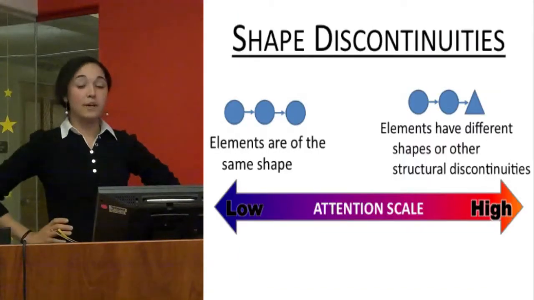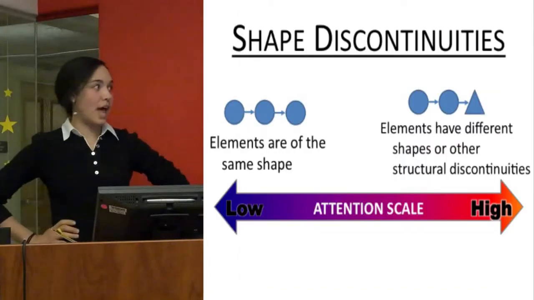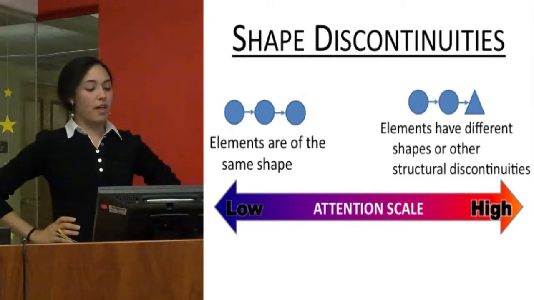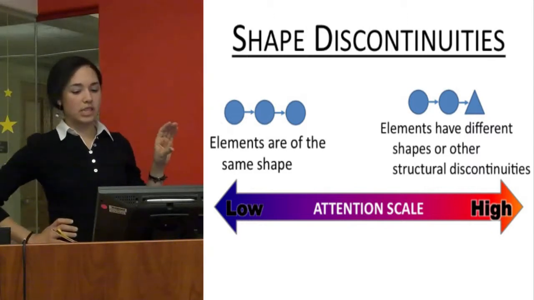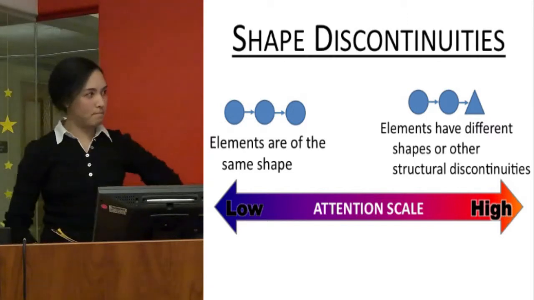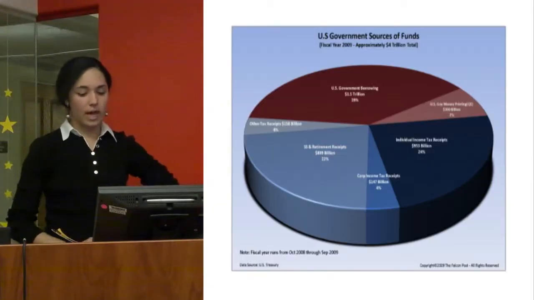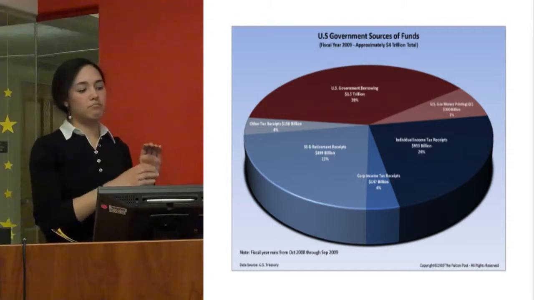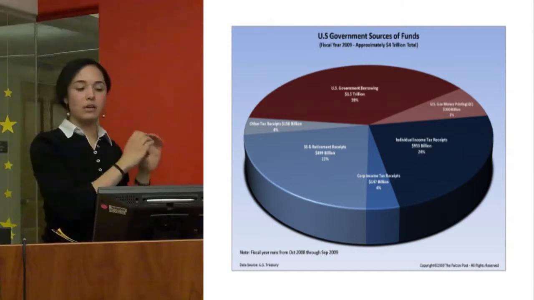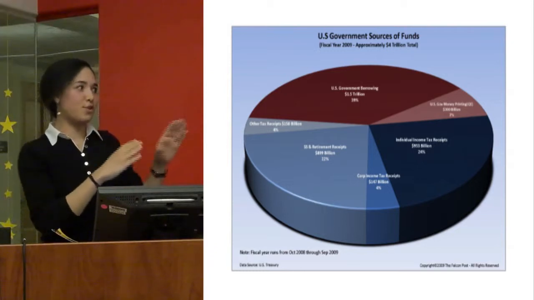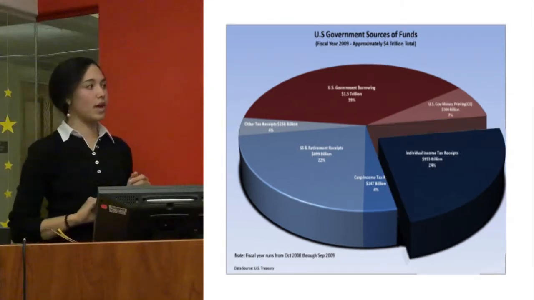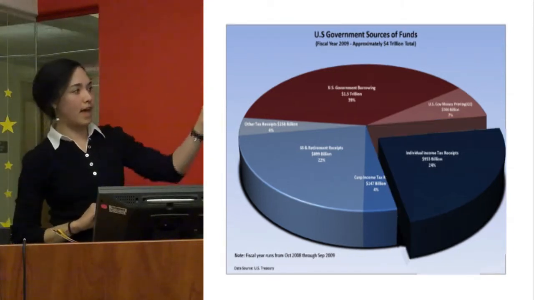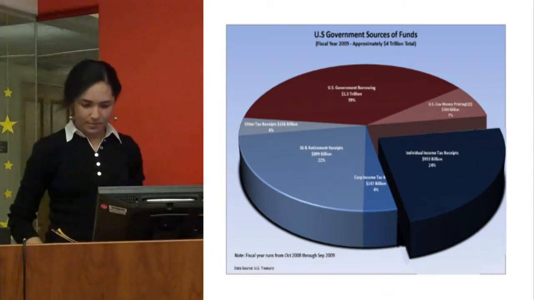Shape discontinuities can also influence how things appear to us. If elements are of the same shape, each has less attention factor than elements that are different from the elements around them. This can be using triangles instead of circles, or when we're looking at circular graphs, it can be offsetting slices from the rest. So when we pop that slice out, it's emphasized more.